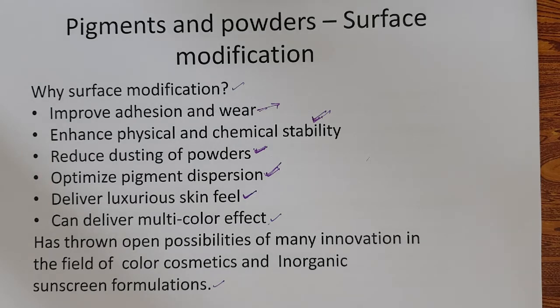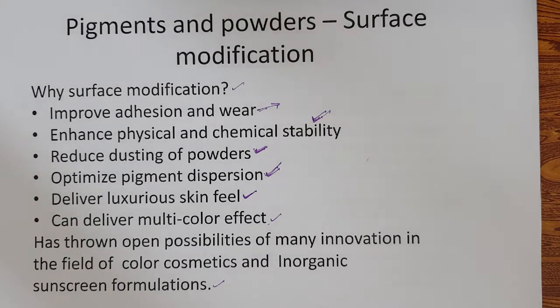So surface modification of the pigments has thrown open many innovations in the field of color cosmetics and also in the field of sunscreens, inorganic sunscreens, basically when titanium dioxide and zinc oxide pigments are used as sunscreens. This is very important.